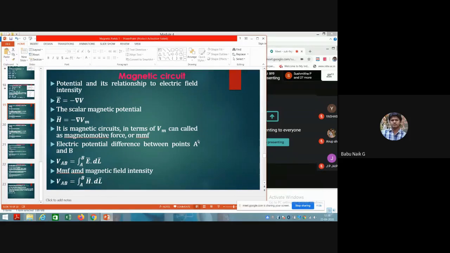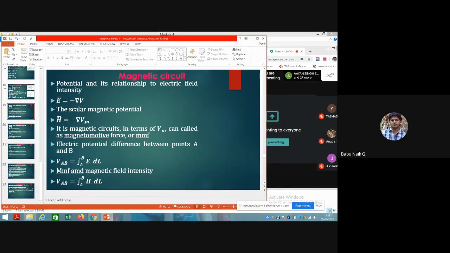Similarly, in the magnetostatic field we have scalar magnetic potential, for which H bar is equal to minus del Vm. This is for applying to any circuit.